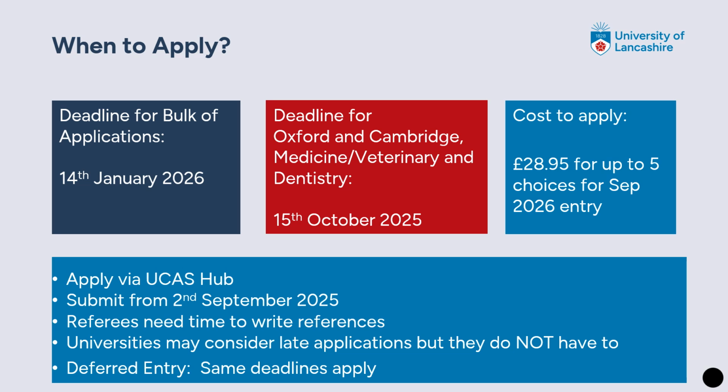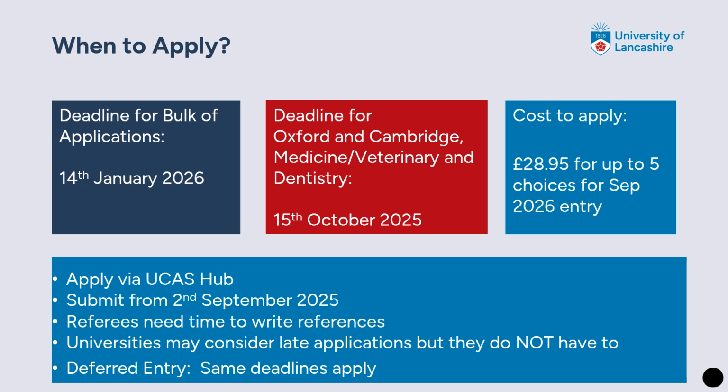If you're applying for medicine, veterinary or dentistry, or you're applying for Oxford and Cambridge universities, then the deadline is much sooner. It's the 15th of October this year. The cost to apply to university currently stands at £28.95, and that's for up to 5 choices for September 26 entry.